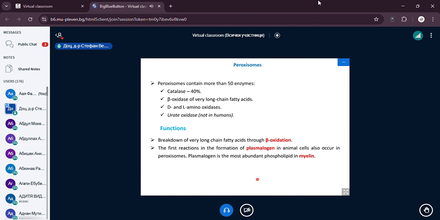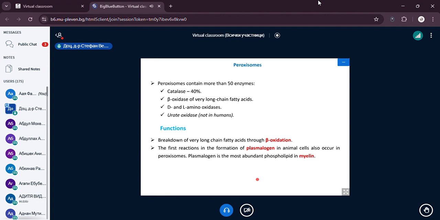Peroxisomes are also involved in the process of beta oxidation of fatty acids with a very long chain, more than 20 carbon atoms. These very long fatty acids cannot be degraded by the mitochondria. Their degradation starts in peroxisomes and it is completed in mitochondria.